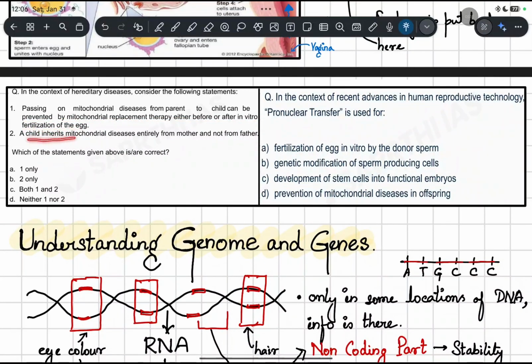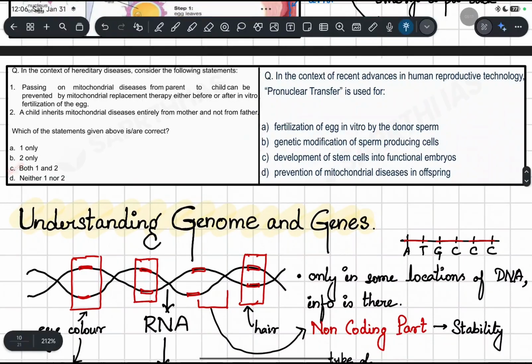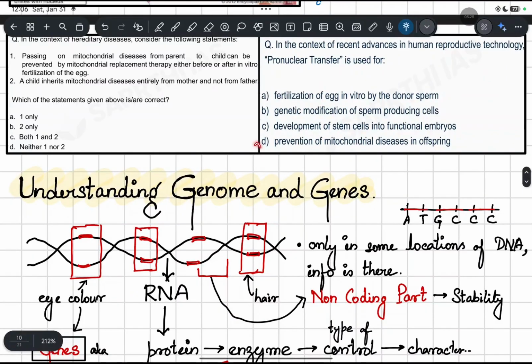Two: a child inherits mitochondrial disease entirely from the mother and not from the father. So both 1 and 2 are correct, right? Next: in the context of recent advances in human reproductive technology, pronuclear transfer is used in the prevention of a mitochondrial disease in offspring.